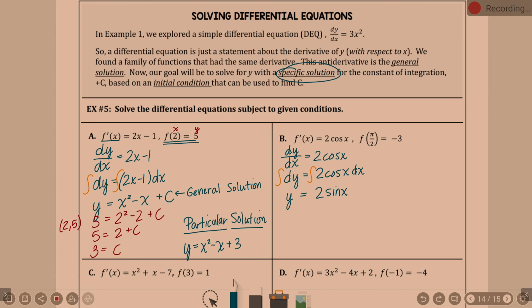You can pull that constant out front and really just carry the 2 down. We're integrating cosine x. And then my brain goes, I check with derivatives. I work backwards. The derivative of sine is cosine, so that makes sense. And then plus c. Okay? So that is my general solution.